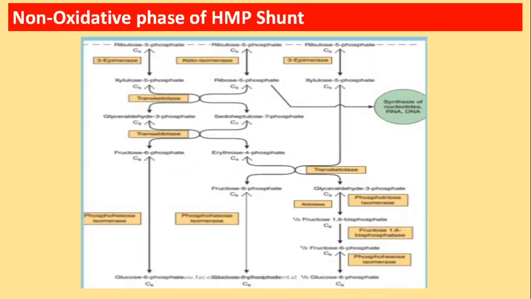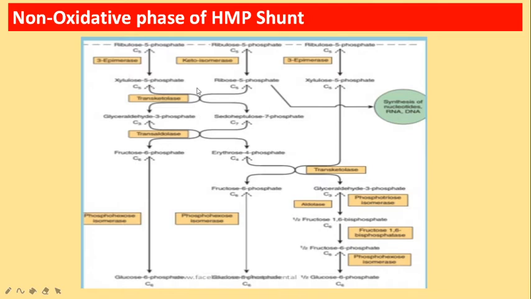Non-oxidative phase of HMP shunt. In the oxidative phase we got 3 molecules of ribulose 5-phosphate. Now this ribulose 5-phosphate will undergo epimerization and isomerization. Two molecules of ribulose 5-phosphate will undergo epimerization to form xylulose 5-phosphate.